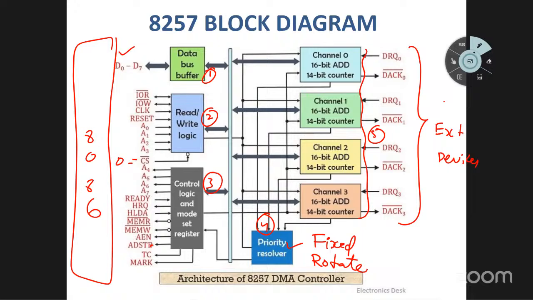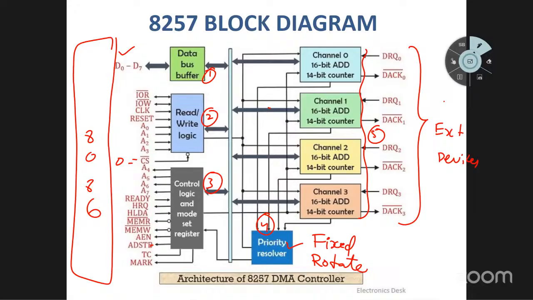Then A4, A5, A6, A7, then hold request, hold acknowledgement, and DMA request, DMA acknowledgement from the external devices. దీనికి మనం ఛాన్స్ ఇవ్వాలంటే this 8257 is requesting the microprocessor to access the data bus using hold request and hold acknowledgement.